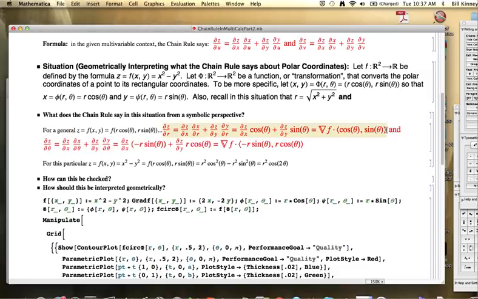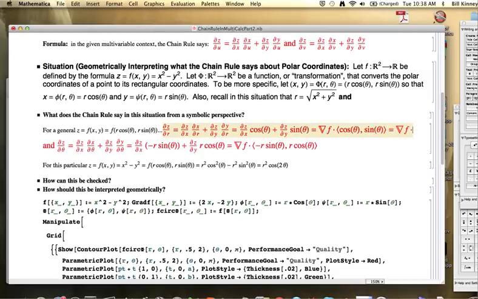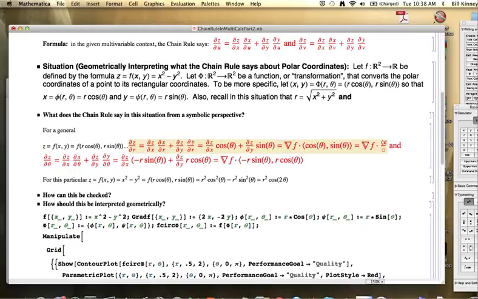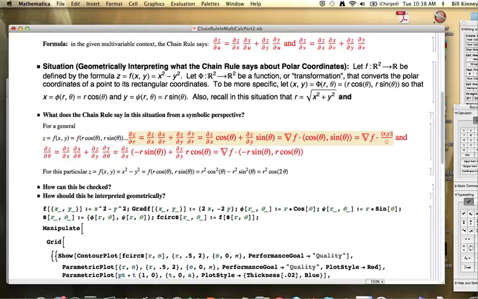Let me also remark here in this video that this dot product can be thought of, if you like, as the following dot product. This vector here, cosine theta sine theta, is a unit vector.